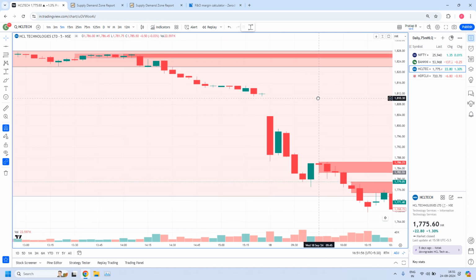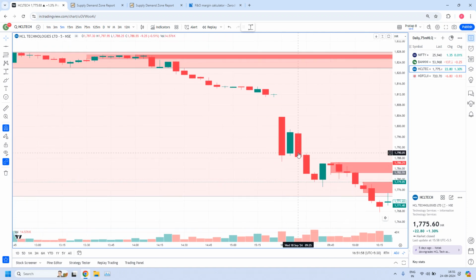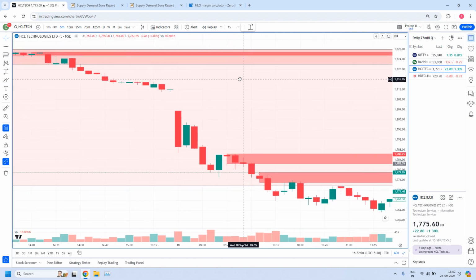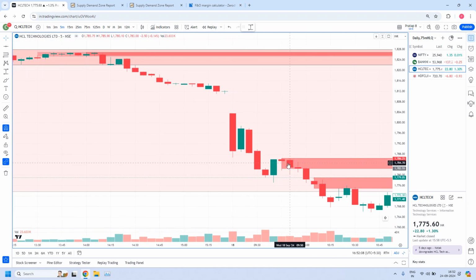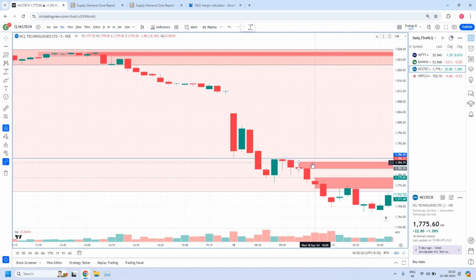But this also can be drawn manually, because the system software is very strict. The rules are very strict. It won't compromise and draw the zones. But we need not compromise. Manually when I am drawing, I am convinced you can also draw like this: drop, base, drop. And I keep my stop buffer here, at the high of this.